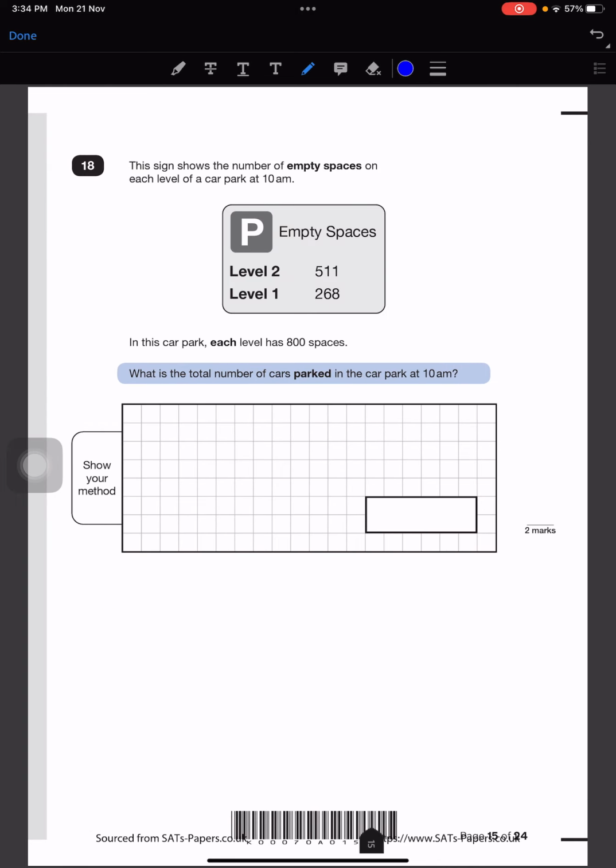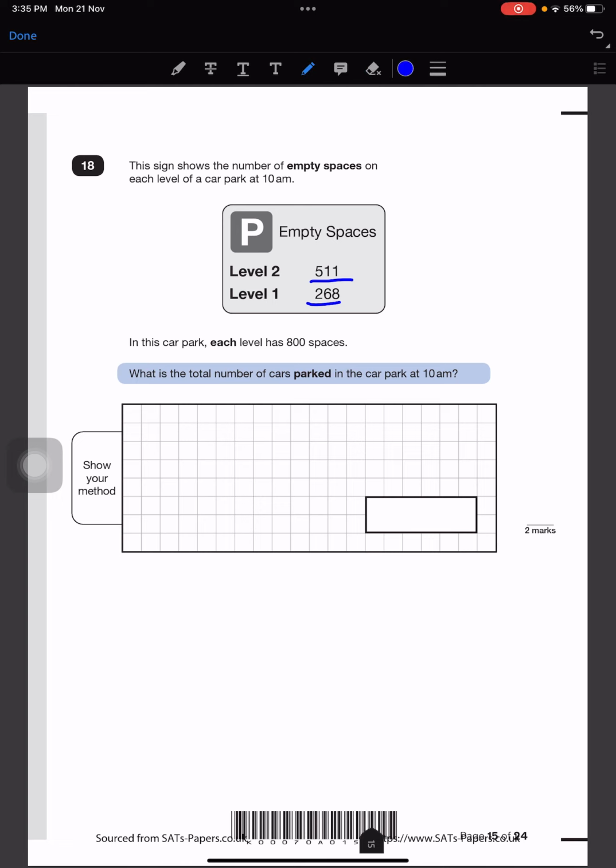Next, this sign shows the number of empty spaces on each level of a car park at 10 a.m. Okay, so as you can see, level 2 has 111, and here there's 268. So in this car park, each level has 800 spaces.